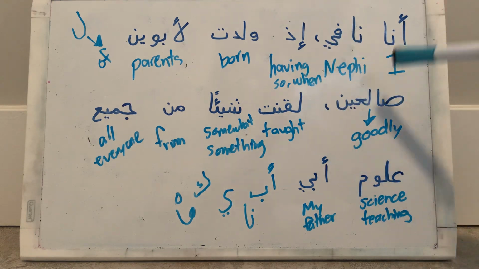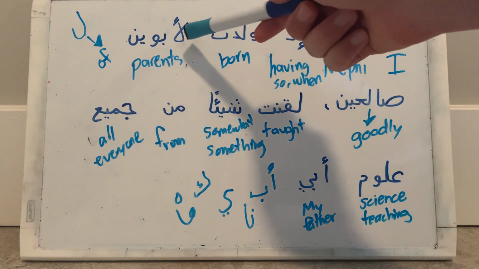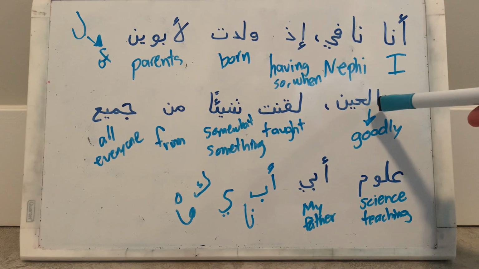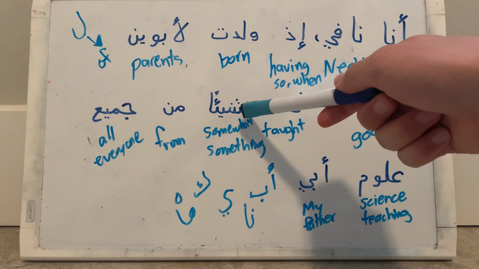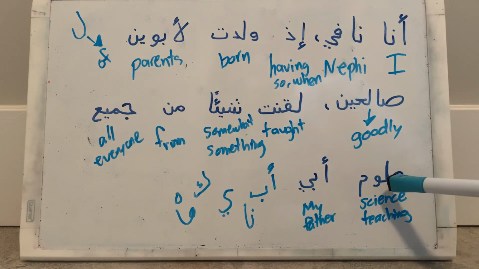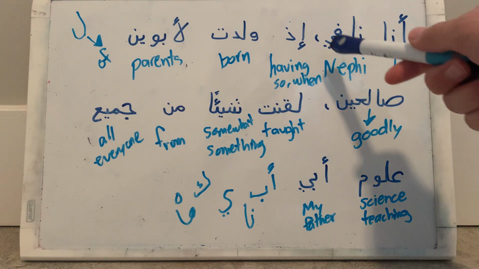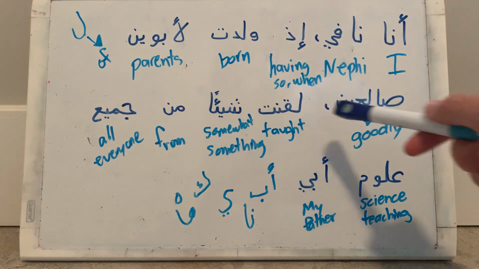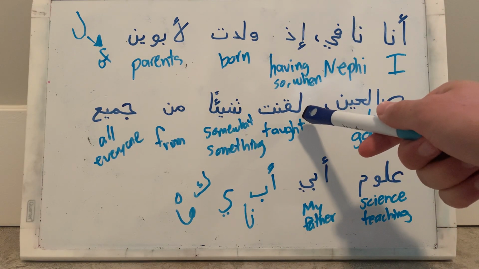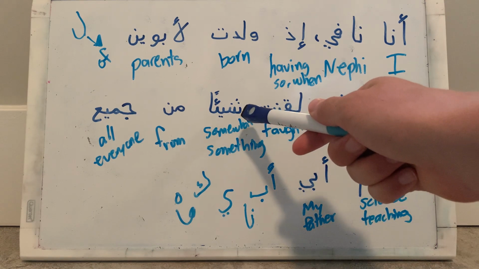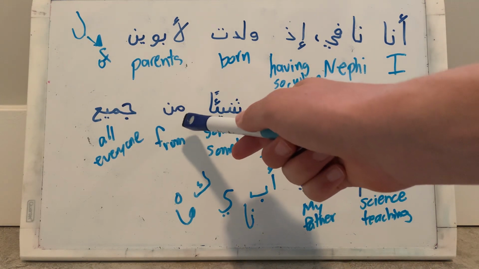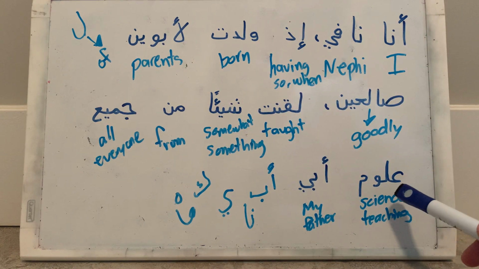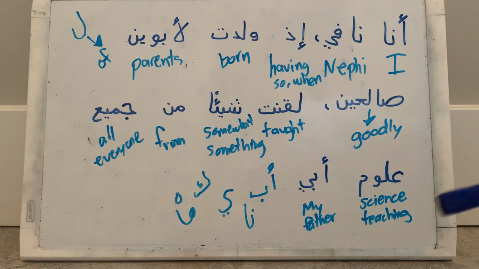I, Nephi: إذ ولد لأبوين صالحين لقنت شيئا من جميع علوم أبي. So I, Nephi, when, or at this time, was born of parents that were goodly, and was taught somewhat from all the teachings or science of my father. See how that is directly of my father?